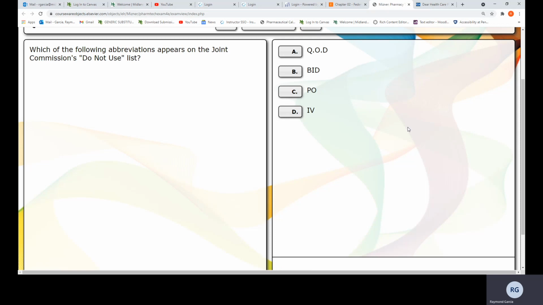Which of the following abbreviations appears on the Joint Commission's Do Not Use list? These are all route. Well, not all of them are route. Anybody know what BID means? Two times a day. PO means by mouth.